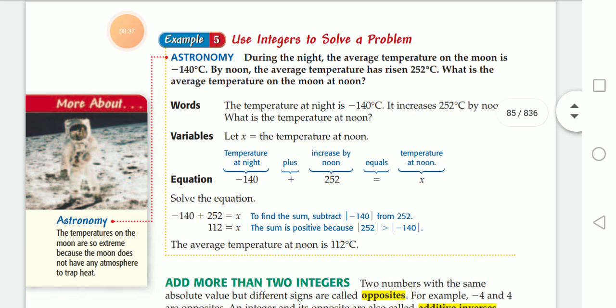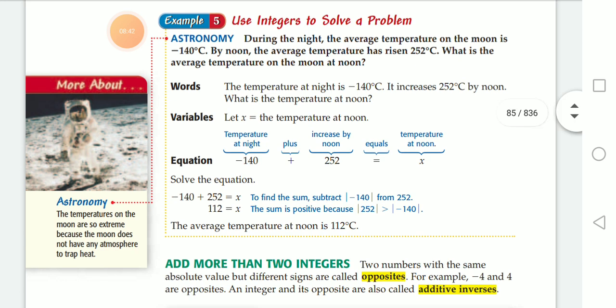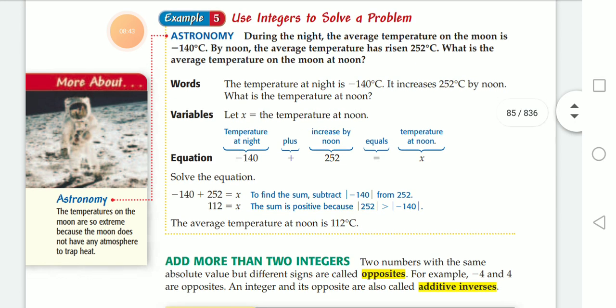The temperatures on the moon are extreme because the moon doesn't have any atmosphere to trap heat. Okay, this is information for you. The temperature at night is negative 140 degrees Celsius. It increases to 152 degrees Celsius by noon. What's the temperature at noon?